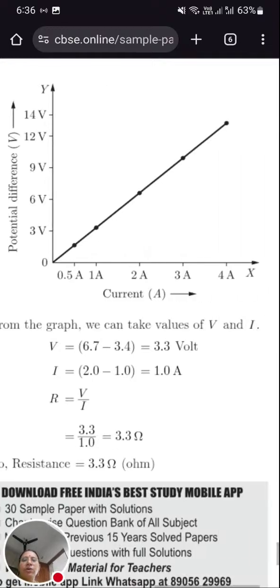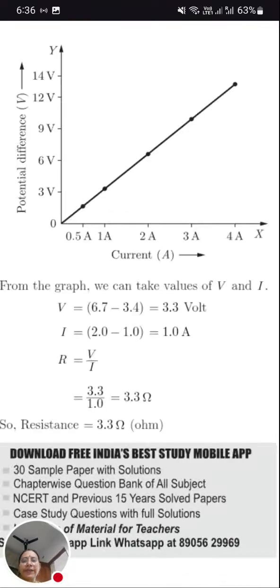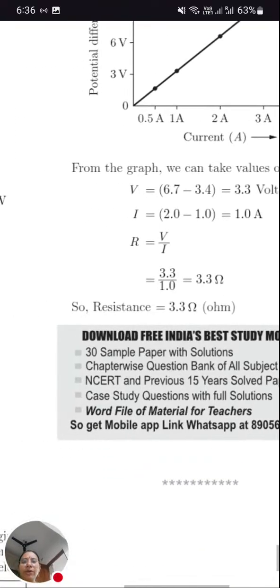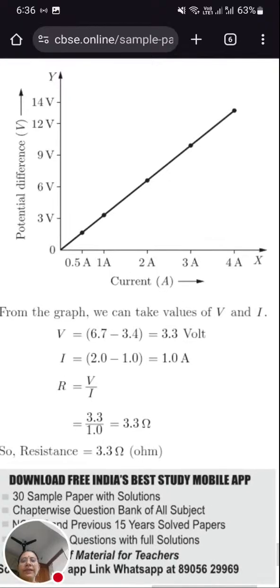So after plotting only you can have a clear vision of values. So try this also on graph paper. Solve this on graph paper. If you are not getting it, then I'll explain this question in the next class. I'll get a graph paper and then I'll solve and show you.